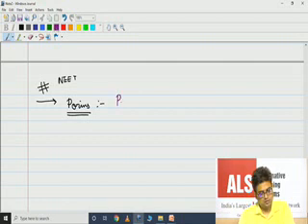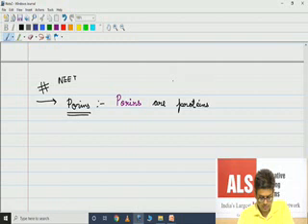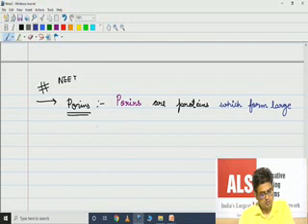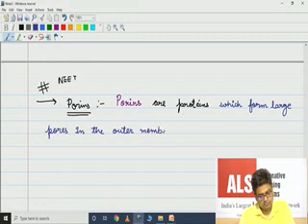Porins are proteins which form large pores in the outer membrane of plastids, mitochondria, and some bacteria.